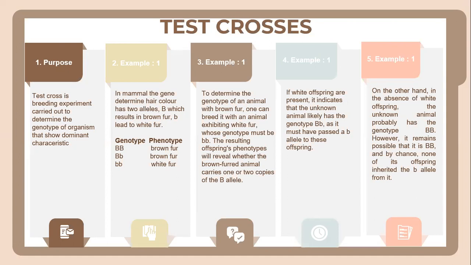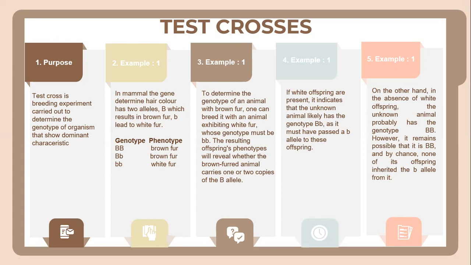To determine the genotype of an animal with brown fur, one can breed it with an animal exhibiting white fur, whose genotype must be small b small b. The resulting offspring phenotypes will reveal whether the brown fur animal carries one or two copies of the B allele.